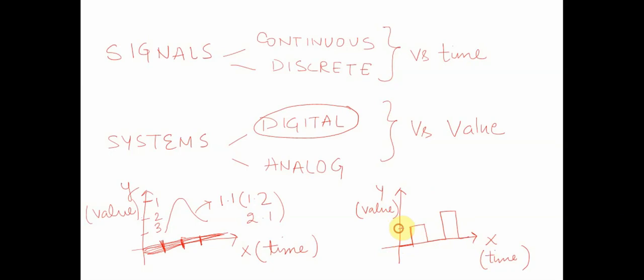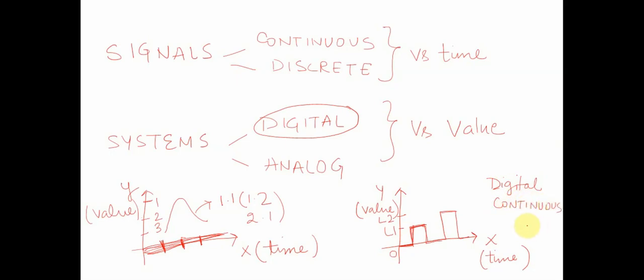It can take a value here which is 0, say this is a value L1, and similarly, let's say this is a value L2. So this particular system is taking only discrete values, so we will say this is a digital system. And whenever we look at the time duration, we see that this signal has values at all instances of time continuously. So this is a digital continuous signal.